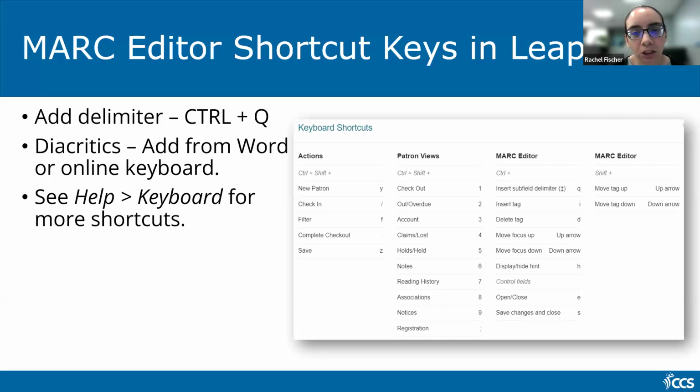And for the Shift column, you can see that you can move a tag up and down by pressing Shift and the up or down arrows.